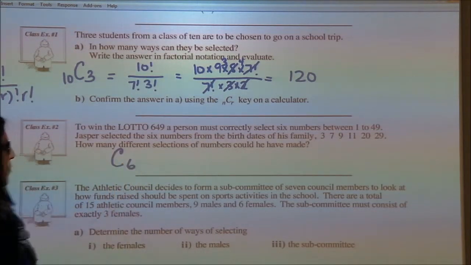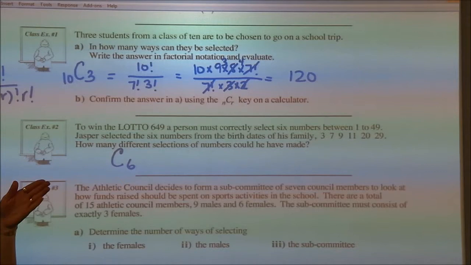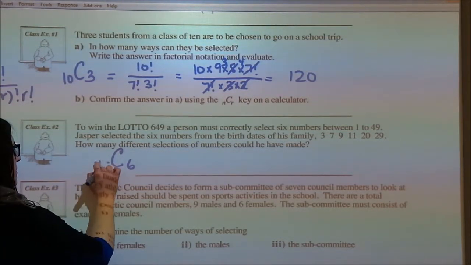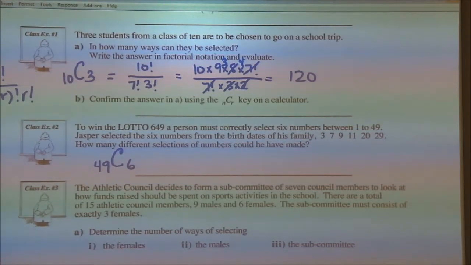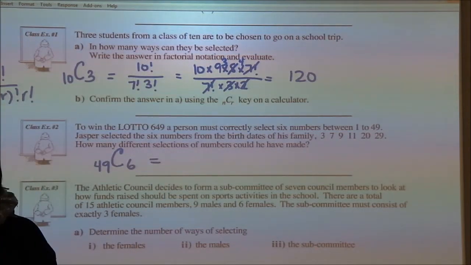I'm choosing 6 numbers. How many numbers do I have to choose from? It'd be 49, because it would be 1 to 49, not 0. Because number 1 would be your first choice, number 2 would be your second. So what'd you get?